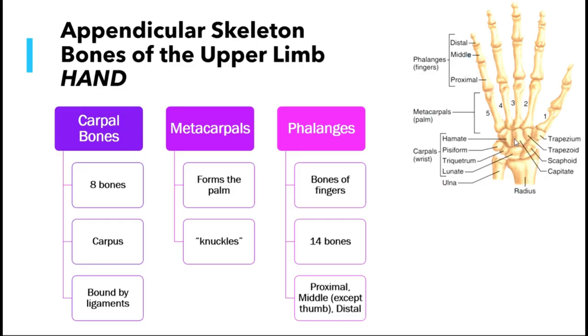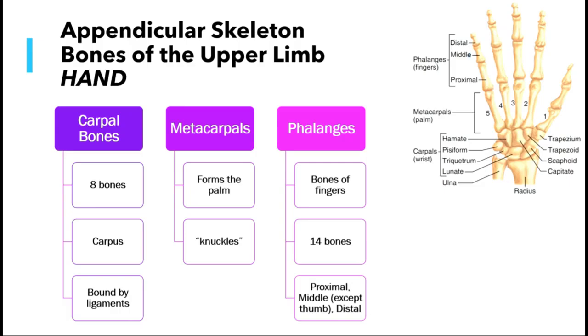You also have the metacarpals. They are numbered from 1 to 5 from the thumb side towards the little finger. When the fist is clenched, the metacarpals of the hand become obvious.